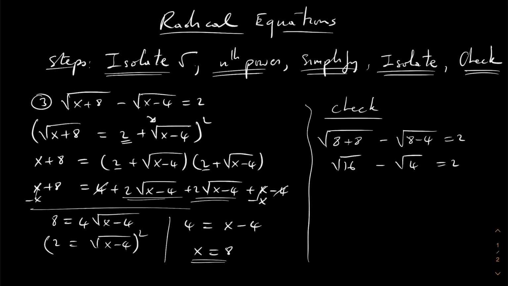Finally, the square root of 16 is 4, the square root of 4 is 2, so 4 minus 2 equals 2, which is a true statement. And so now we can go ahead and say, oh, x equals 8 is our solution for this particular radical equation, and we will be done.